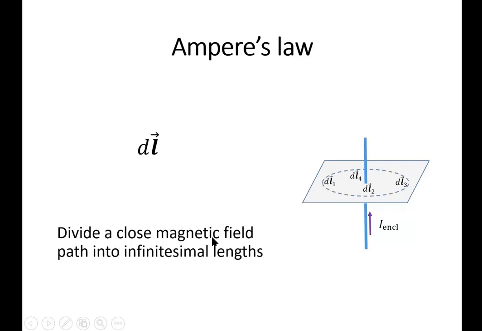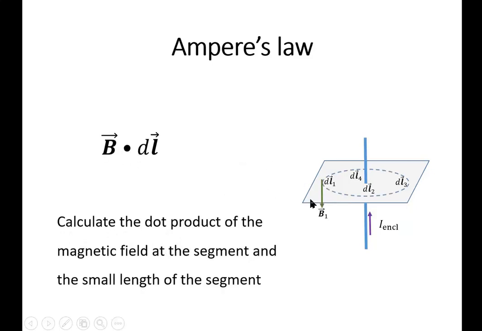So we divide the magnetic field path into infinitesimal lengths. Then for each length, we determine the magnetic field at that point and find the dot product between the magnetic field and the small element. So for this one alone, we find this dot product.